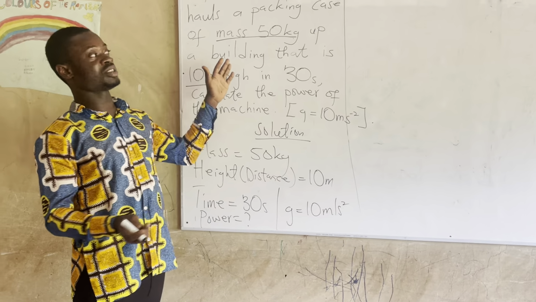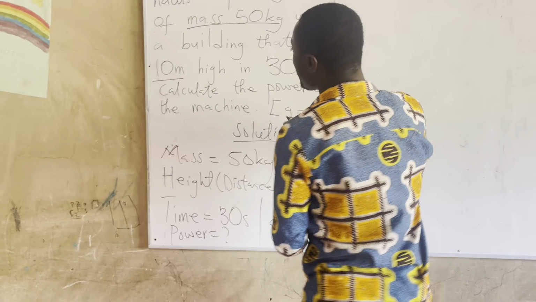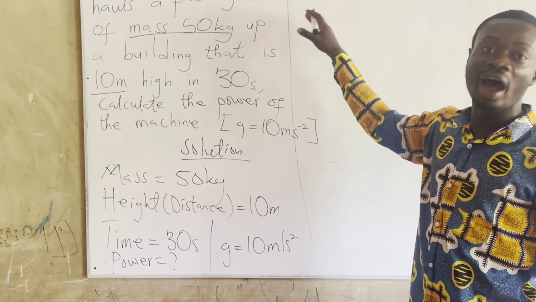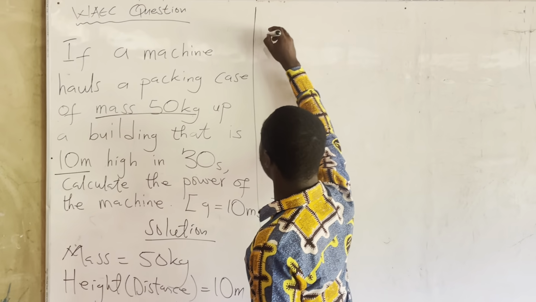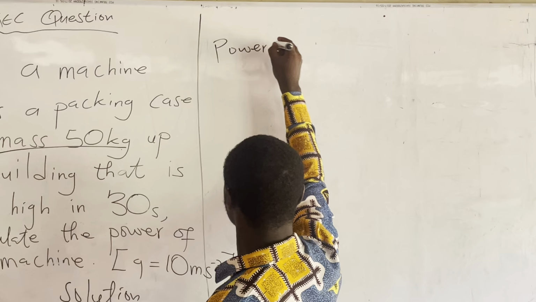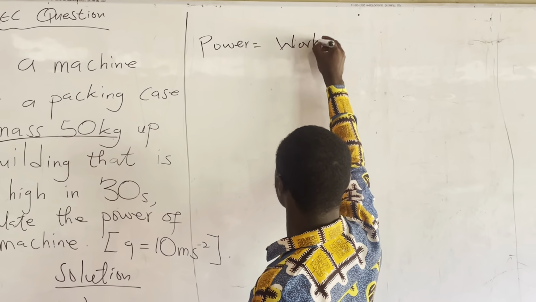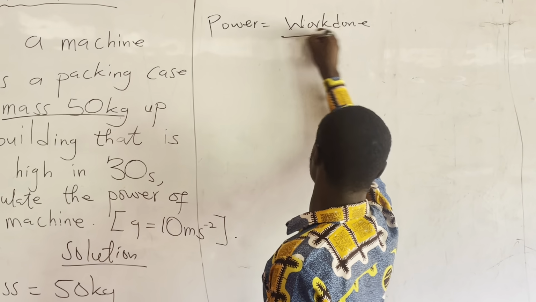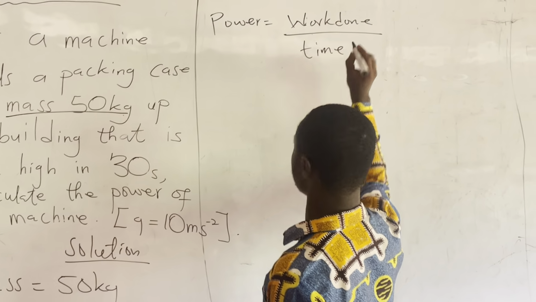Now, let's look at how we are going to solve the question. All you're looking out for is the power of the machine. Now, we know that power is equal to work done divided by time taken.